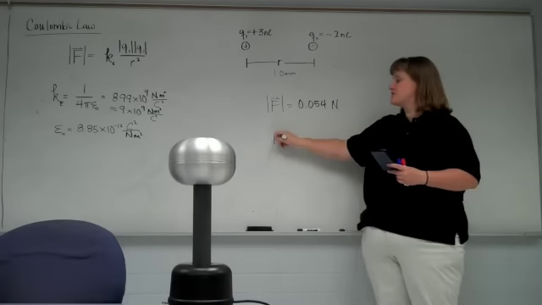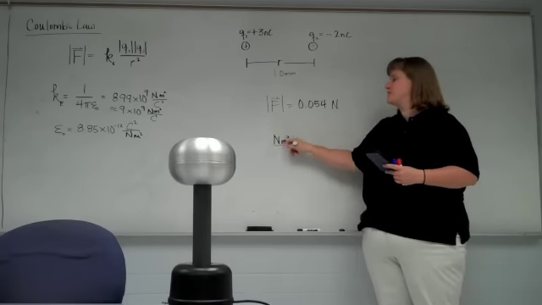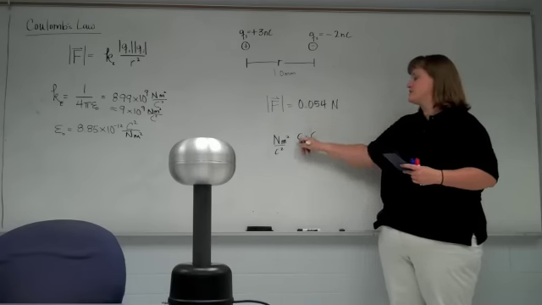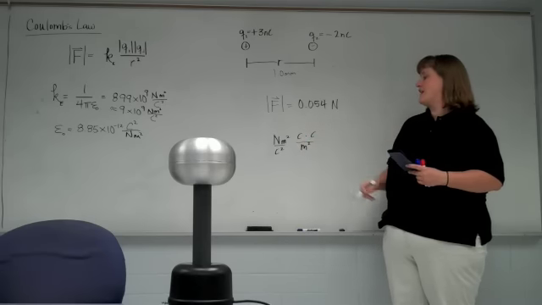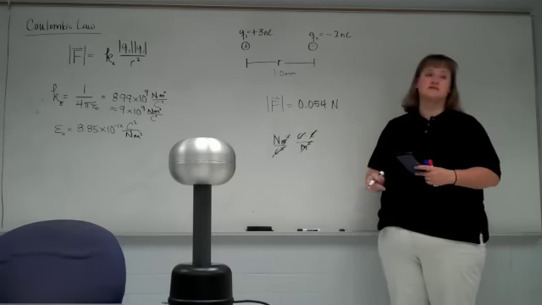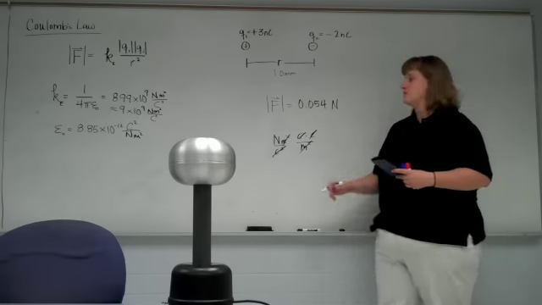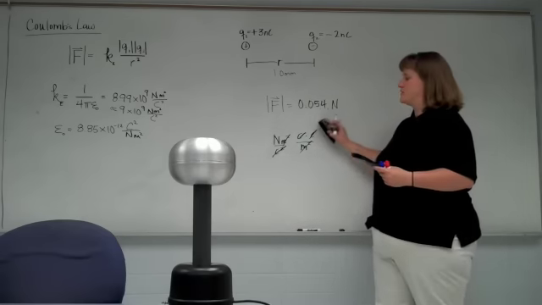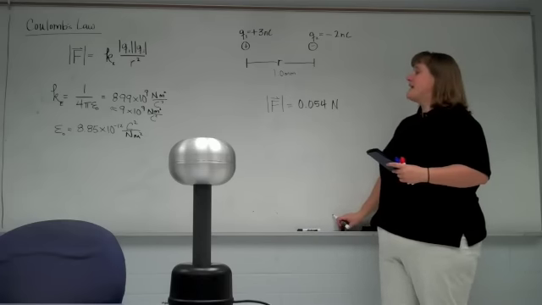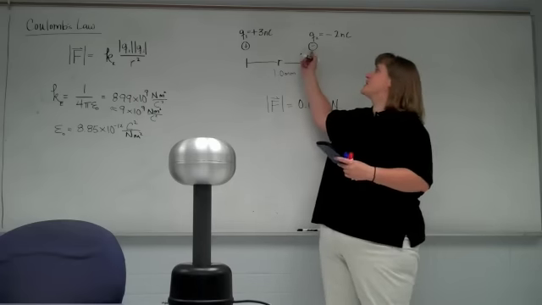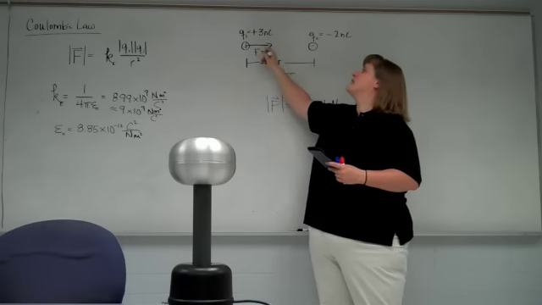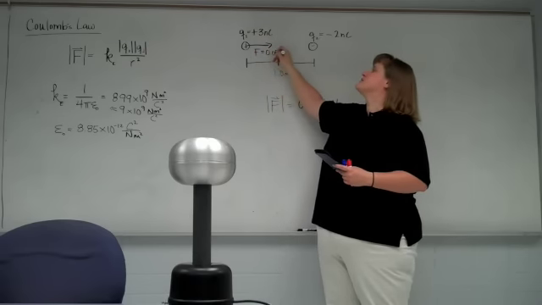Unit-wise, our k has units of Newton meters squared per Coulomb squared. Our two charges have units of coulombs. Our distance, once we square it, will have meters squared. The coulombs cancel, the meter squared cancels, and it leaves us with newtons, which is a good thing since we know forces are in newtons. So the magnitude, that means this charge pulls on this charge with a force of 0.054 newtons.